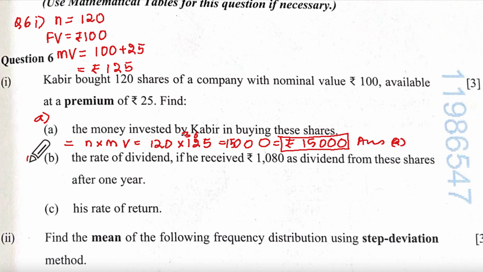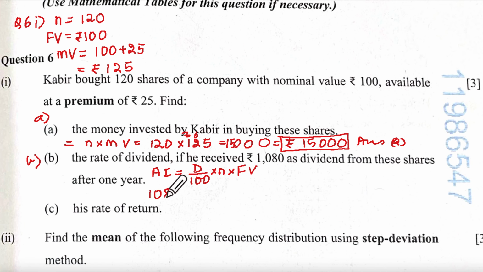We come to the B part. The rate of dividend, if we received 1080 as the dividend, means annual income. So for this annual income we have to write the formula as D upon 100 into N into FV.